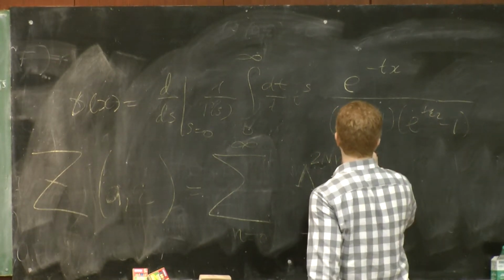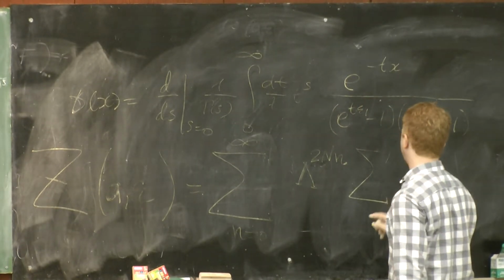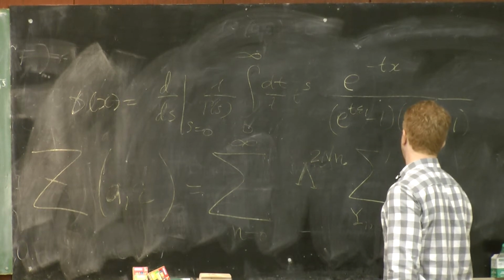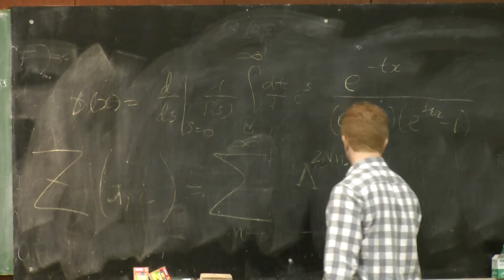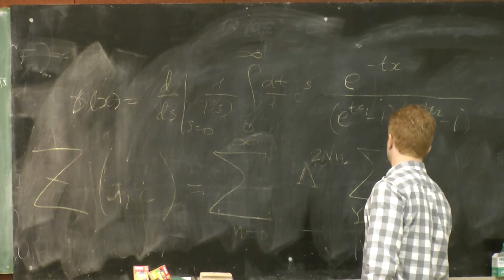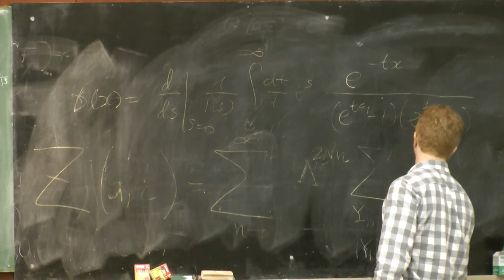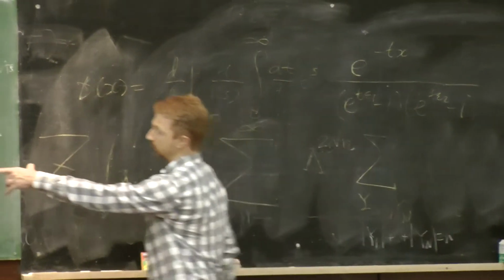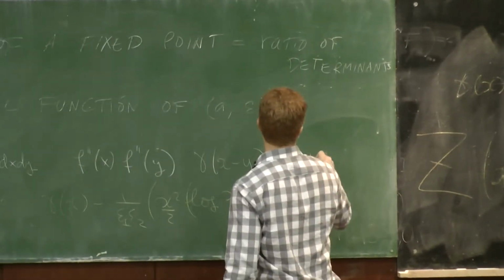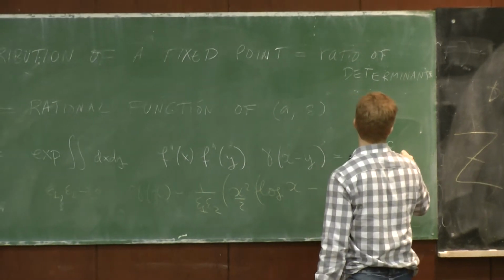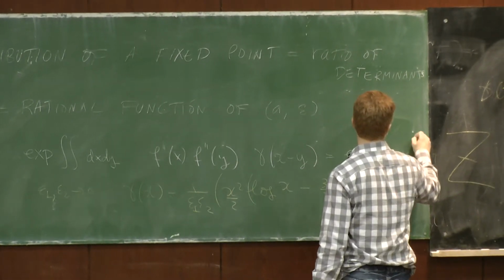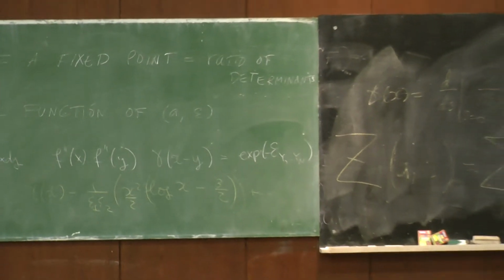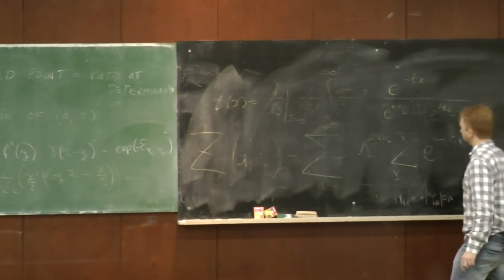And then there's a sum over all n-tuples of Young diagrams with the condition that the total size is equal to little n, and then you put this energy function.